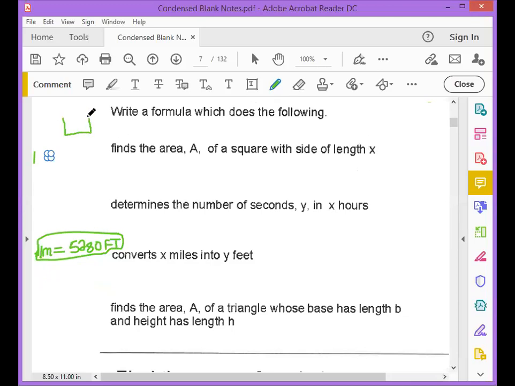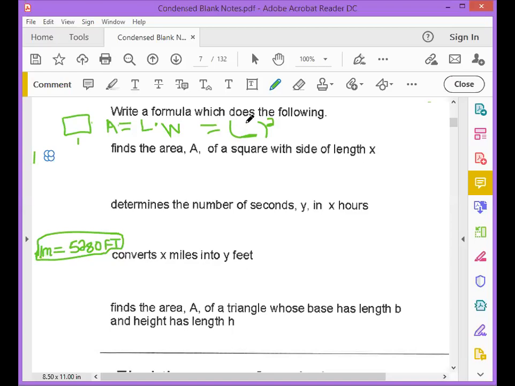And recall from the module on section 1.3, to find the area of a square, we just multiply the length times the width, right? And because a square has equivalent sides, length and width, that will be the same as squaring whatever that length is, raising it to the second power.